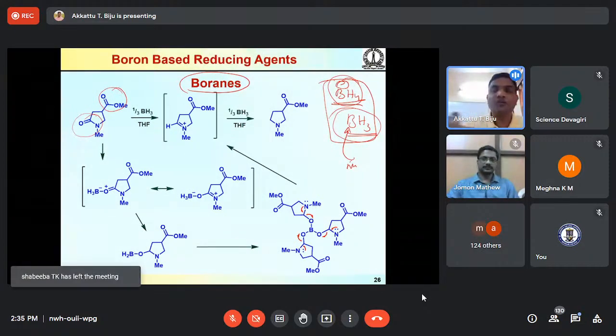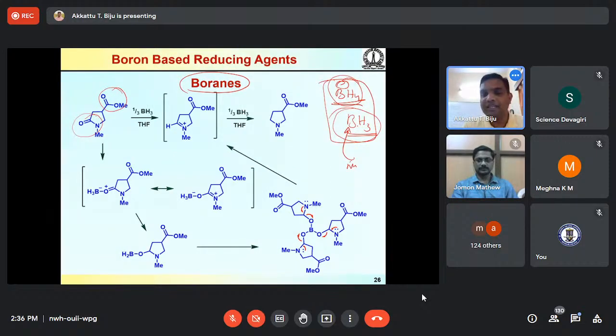We know this borane reducing agent is electrophilic, so it will add to the more electron-rich center of the functional group. The amide, because of the lone pair of electrons on nitrogen, is relatively more electron rich than the ester moiety.